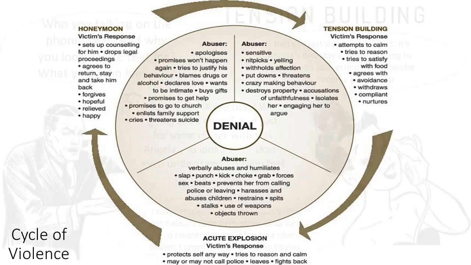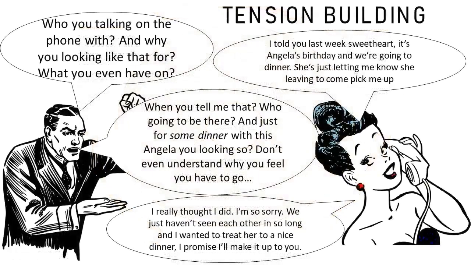So for the tension building stage, the first stage, the abuser typically acts very sensitive and very on edge. The abuser might withhold affection from the victim. They might pick arguments, accuse the victim of being unfaithful. They may threaten the victim or do a lot of insults or put downs against the victim.